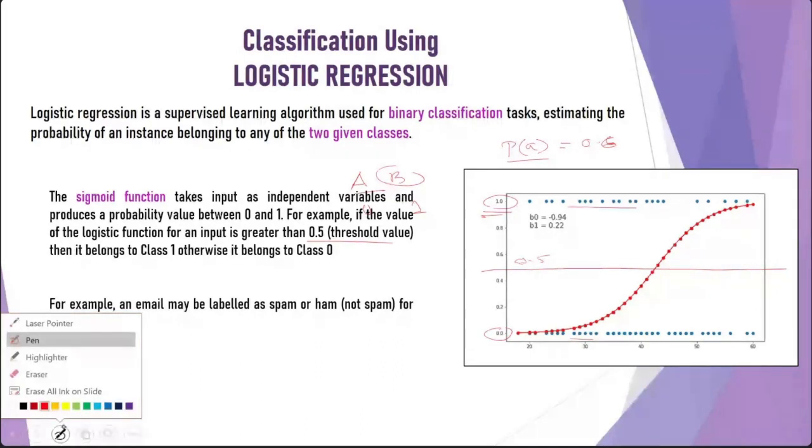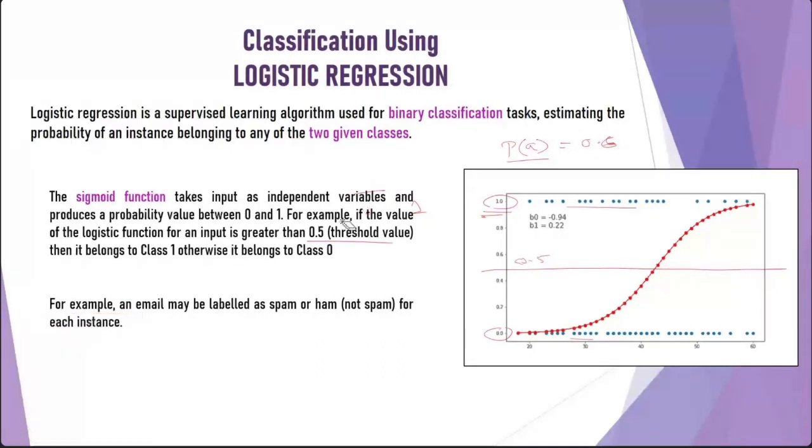Now if I have another data point whose probability is 0.2, it is closer to 0, so it belongs to the A data, which is represented by 0.